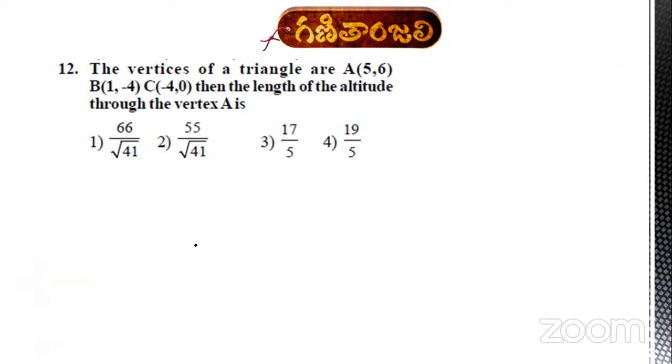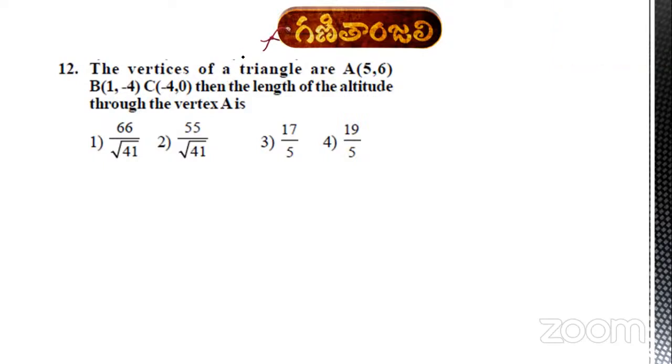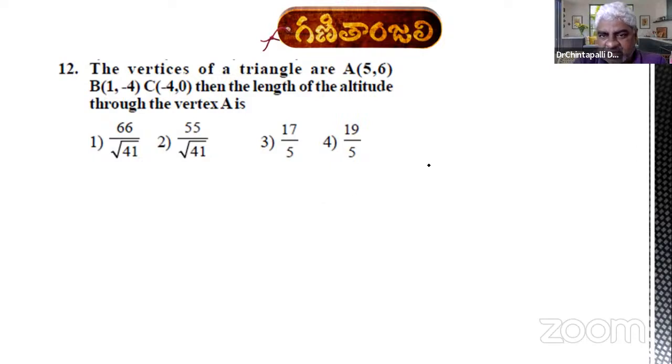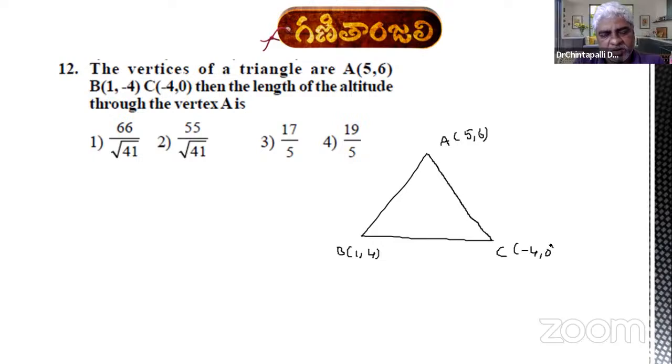The vertices of a triangle. See, it is not an equilateral triangle, but it is a triangle. Three vertices of that triangle are A (5, 6), B (1, 4), C (minus 4, 0), right?